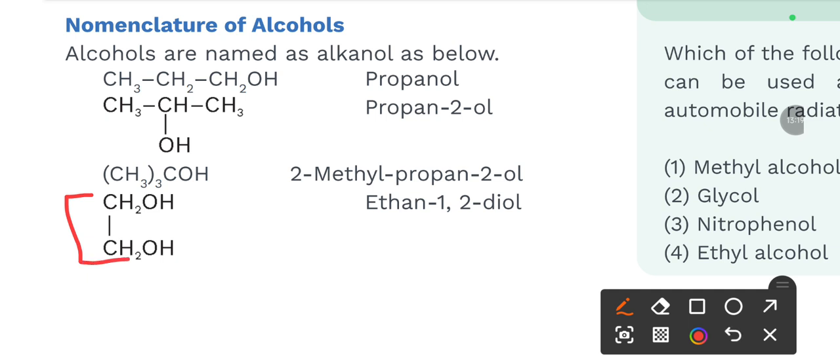As this is a 2-membered chain, it is ethane. At both the carbons, OH is attached. So first carbon and second carbon. So 1,2-diol, means ethane-1,2-diol.